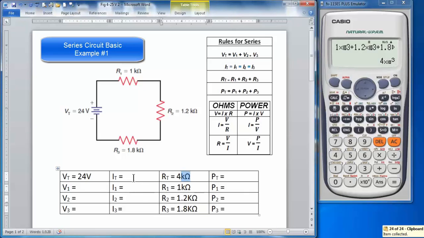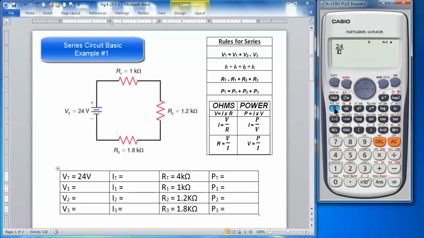I can go ahead and calculate my IT, and my IT, as we see here, would be equal to my VT over my RT. So my VT is 24 volts over my 4 k ohms. That gives me a total of 6 milliamps. So we can fill in that blank. 6 milliamps. What else do we know at this point?